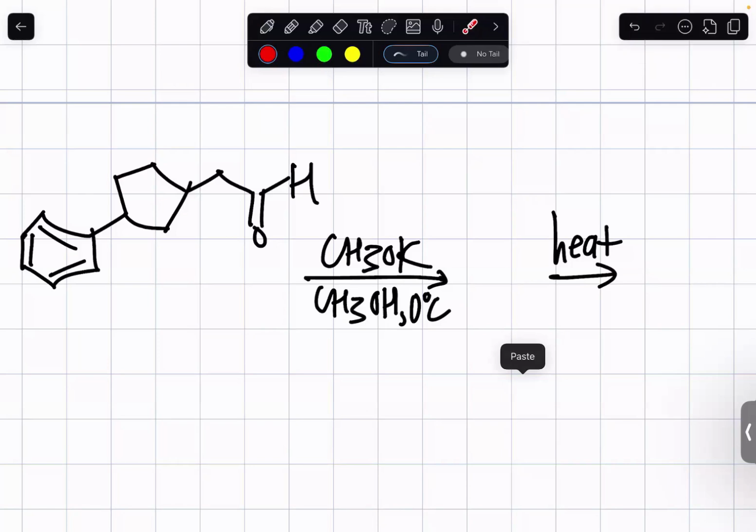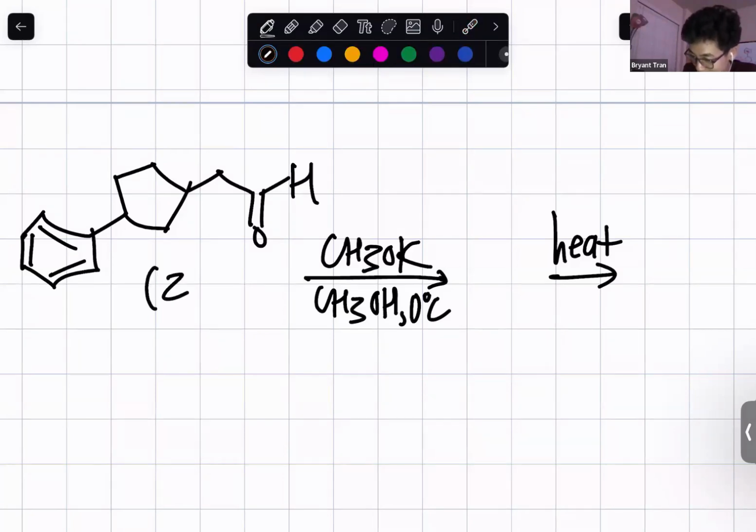For this problem, is there just one equivalent? It's going to be 2 equivalents. Okay, thank you.